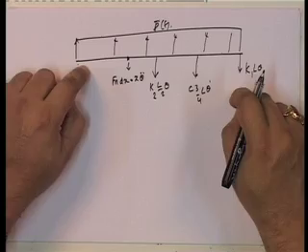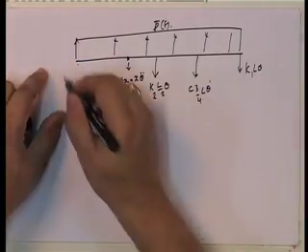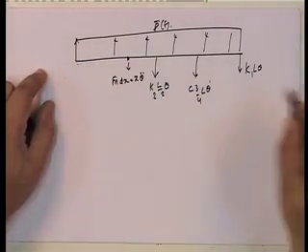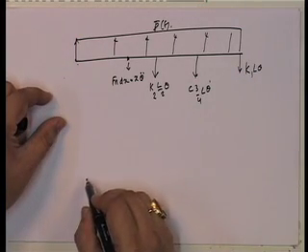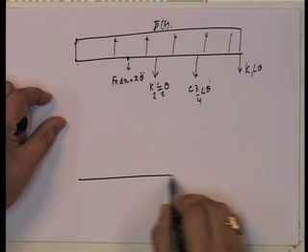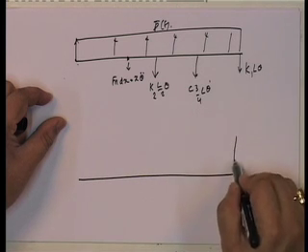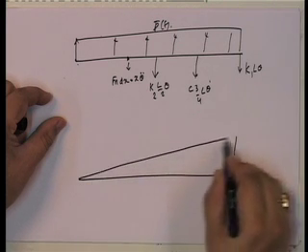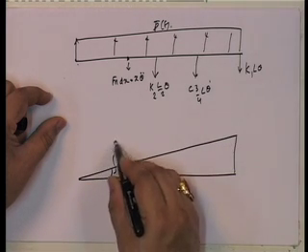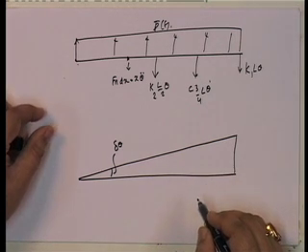So, how do I use the principle of virtual displacement? These are the forces which are in equilibrium, and I give this system a virtual displacement, which I will call delta theta.